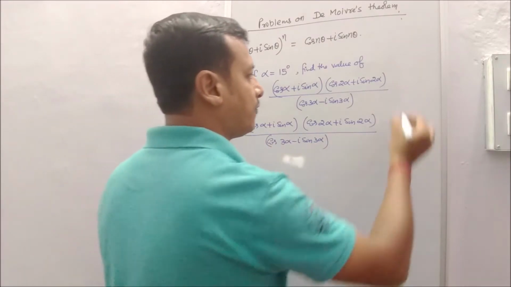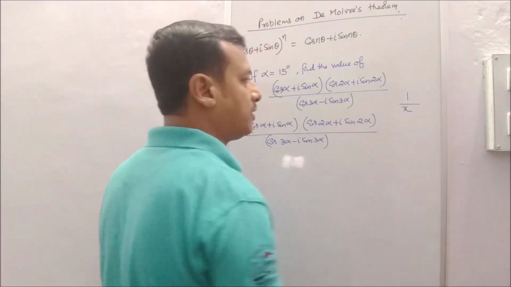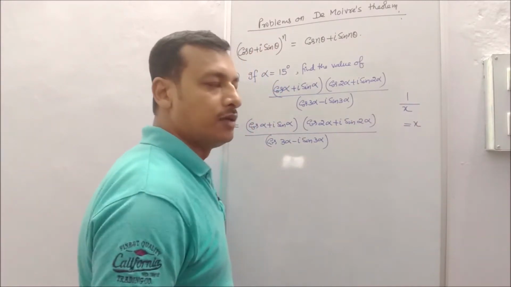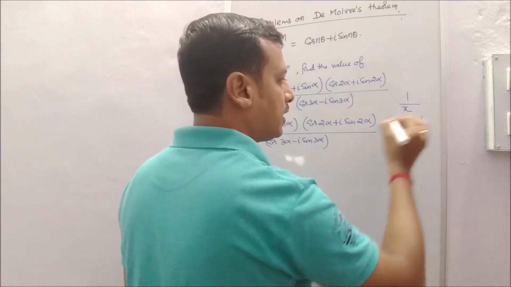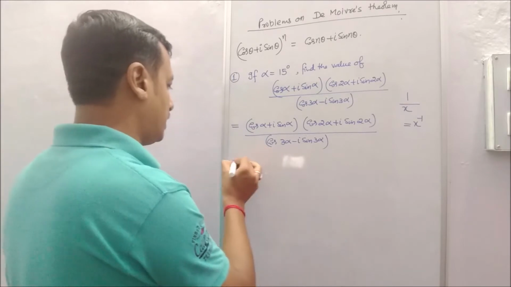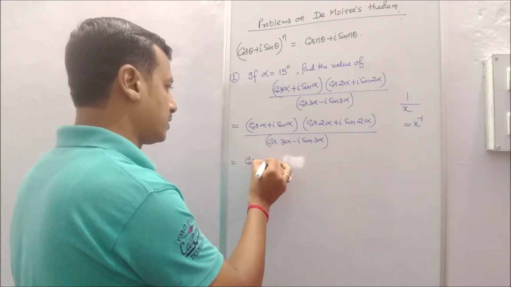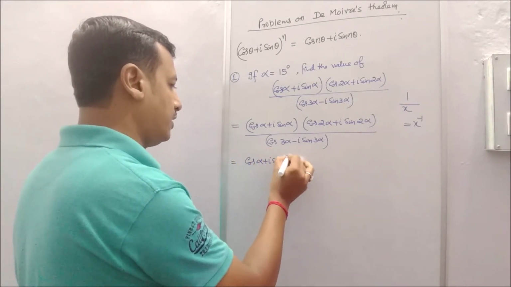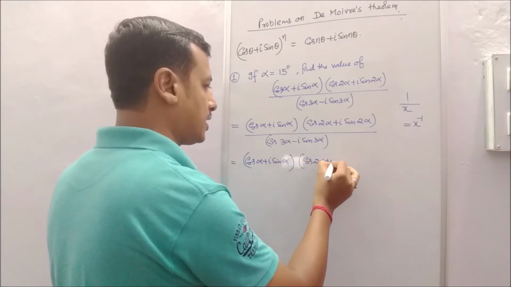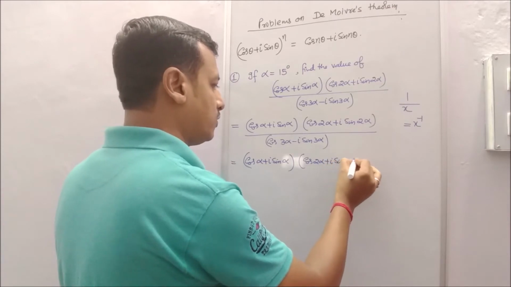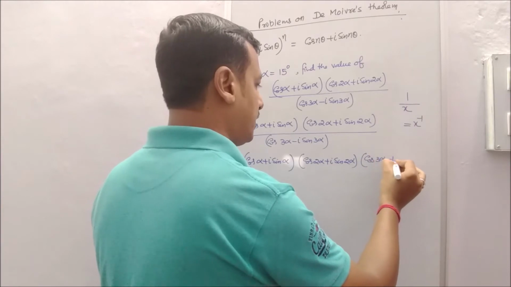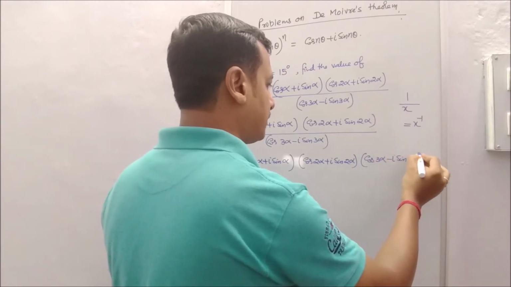We know that if a function is divided by 1 by x and if the function comes to numerator, then we have x to the power minus 1. So in this case, (cos alpha plus I sin alpha), (cos 2 alpha plus I sin 2 alpha), (cos 3 alpha minus I sin 3 alpha).